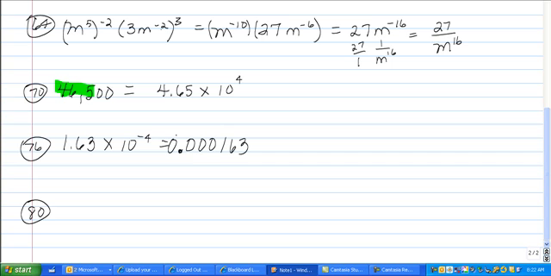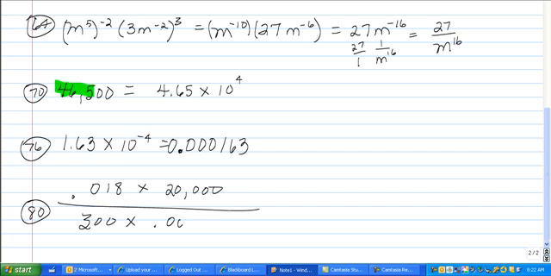And one last one, when we're doing computations, let's see, we have 0.018 times 20,000 divided by 300 times 0.0004. What we can do in this case is change them all to scientific notation.